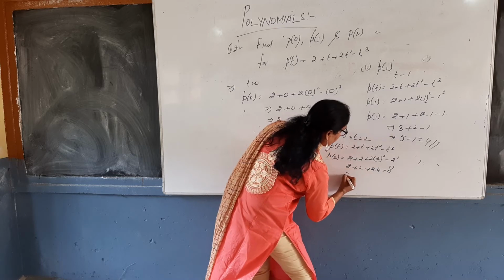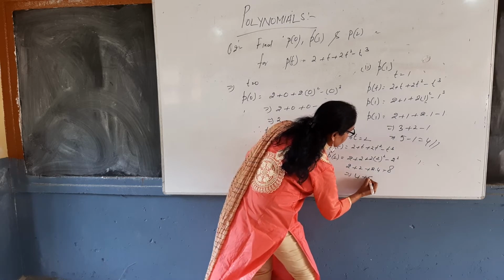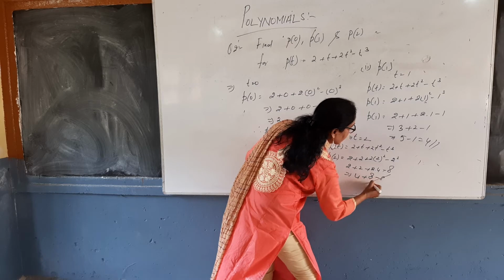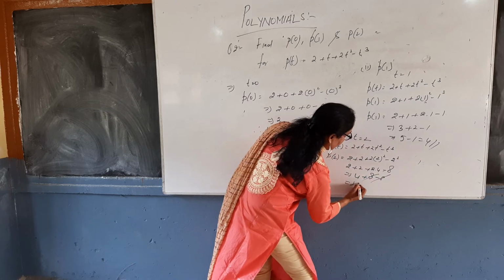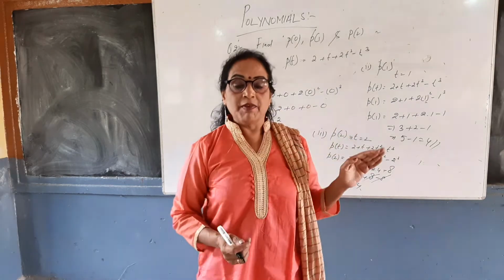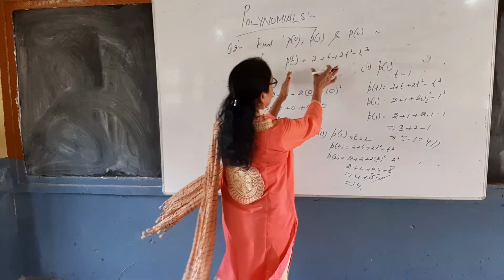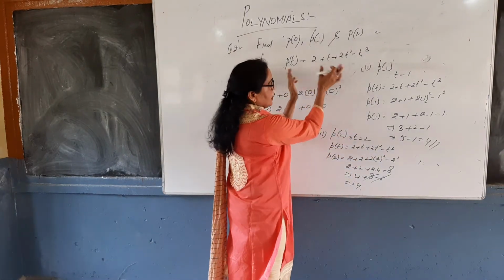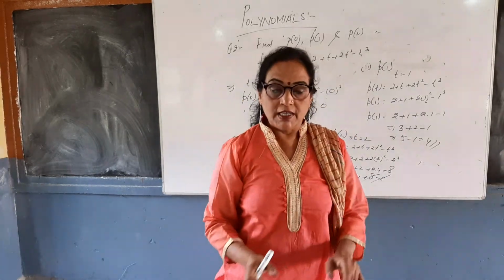So it is 4 plus 8 minus 8. This will be cancelled. Answer is 4. So we have got the value of P2. In this way, whatever value is given, you put it in this polynomial and you will get the values.